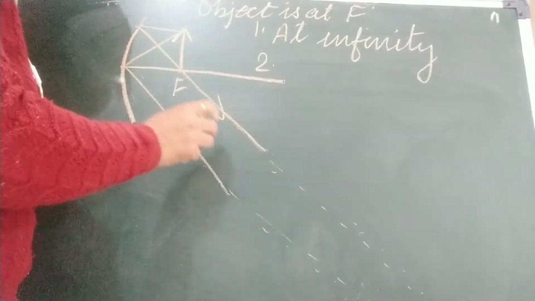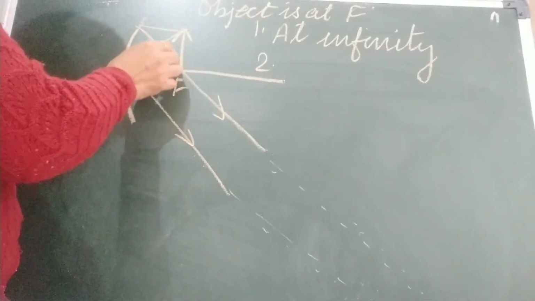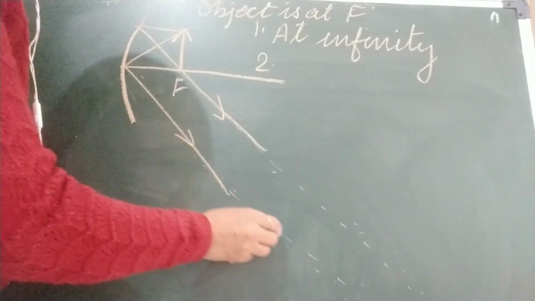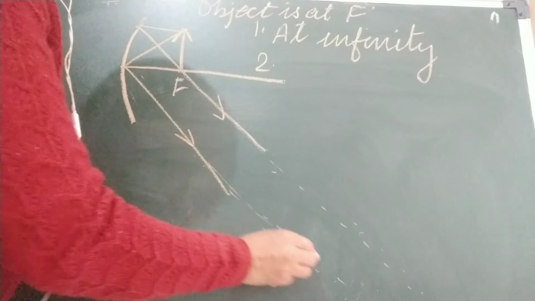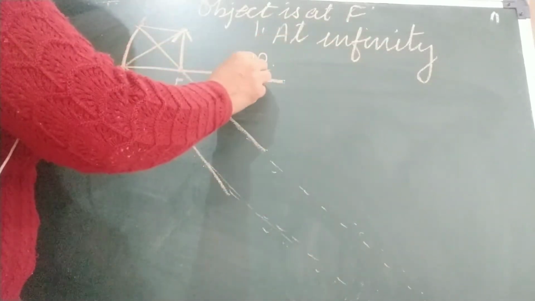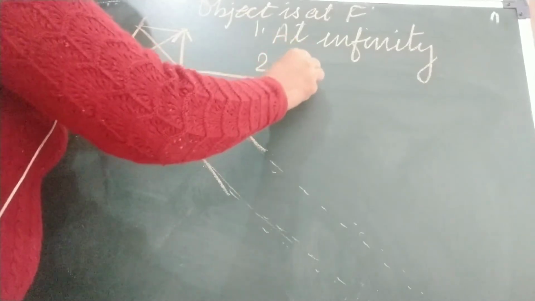Second, look, this ray, it seems that it will meet somewhere, as I told you. So at infinity it will meet, highly magnified, it will be very big, highly magnified.